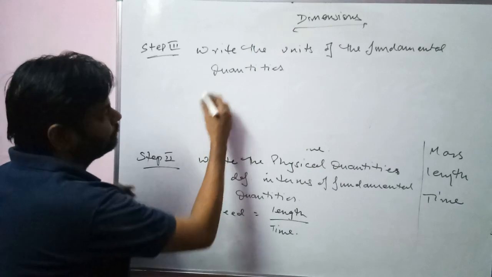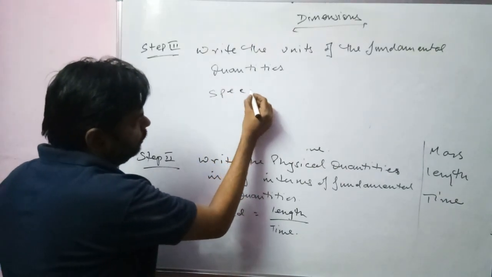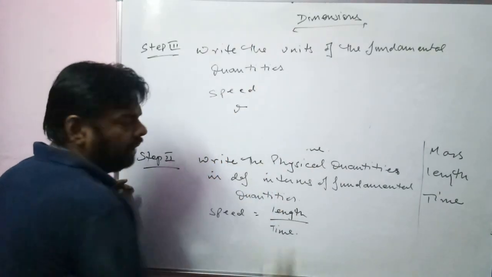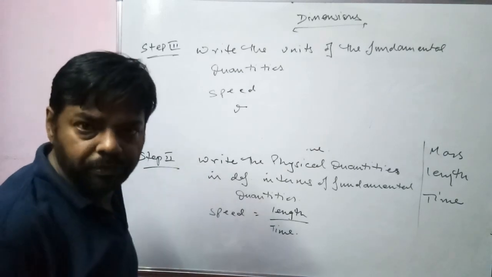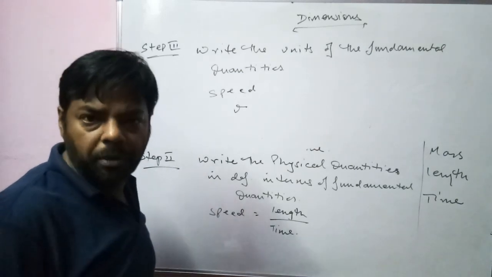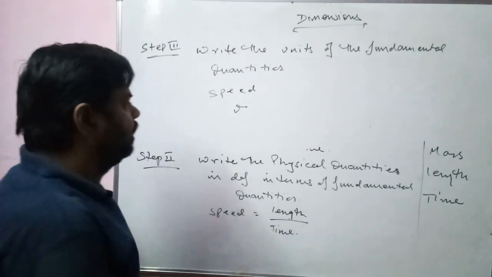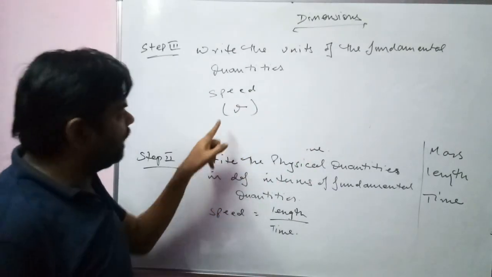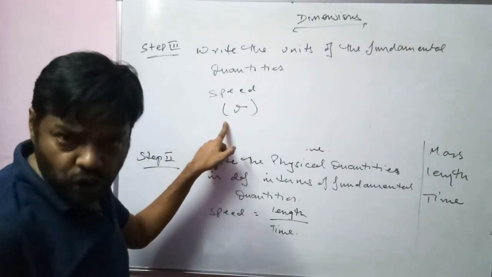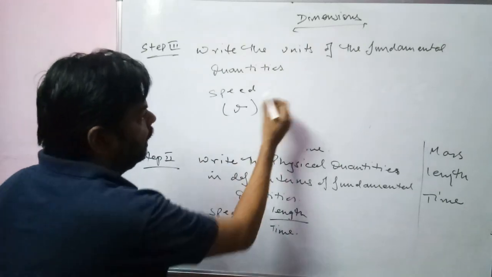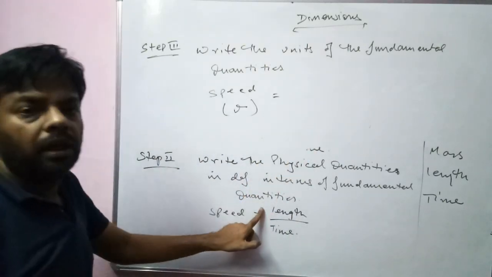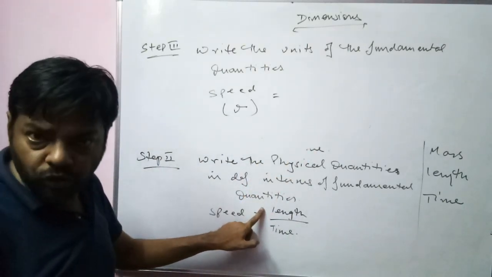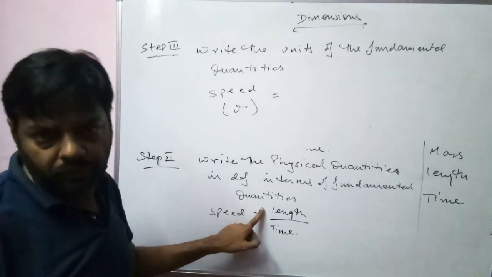For example, say speed. Let us make a symbolic representation for it. The general symbolic representation for speed is V. So first of all, you have to make a general symbolic representation for the derived quantity, and then in place of the fundamental quantities, we have to write out their units.